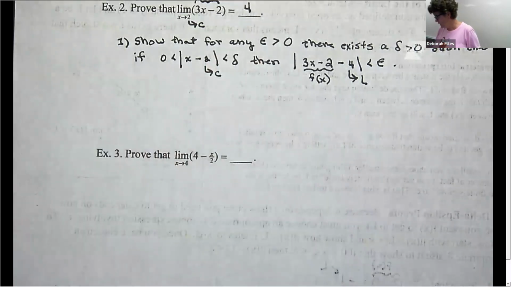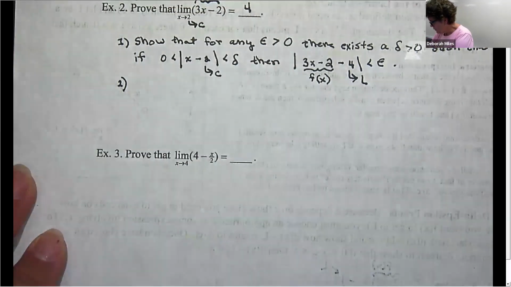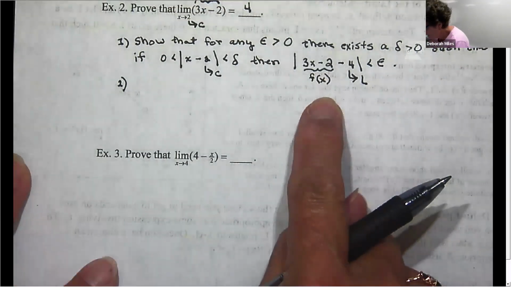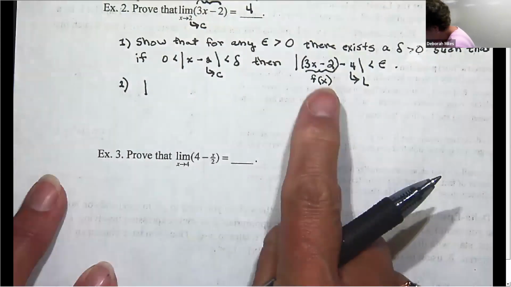So that's step 1. Step 2, you start with your conclusion, absolute value of, let me put that 3x minus 2 in parentheses so you can see it better.